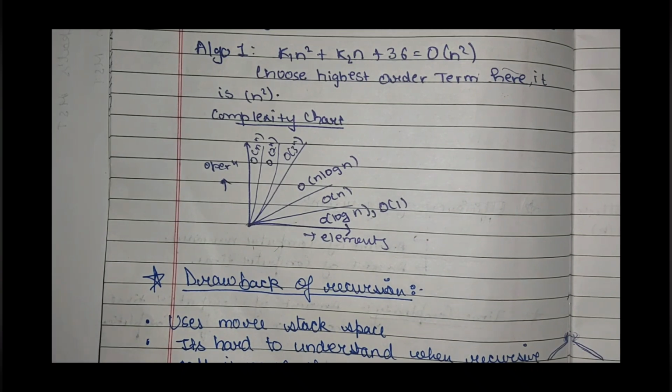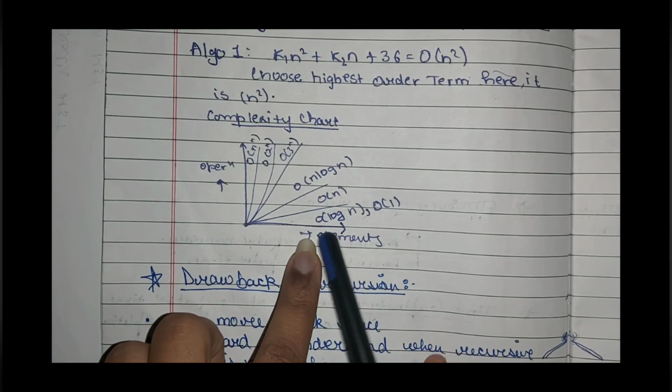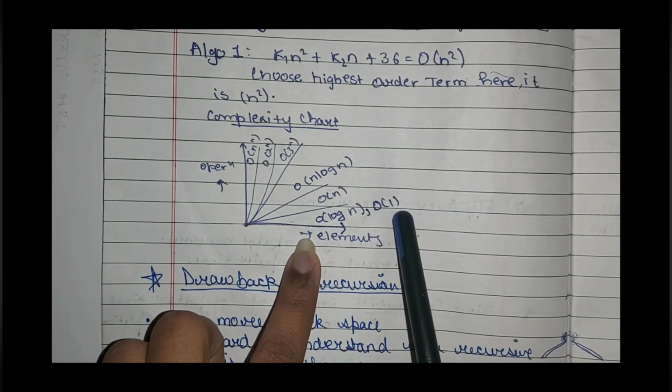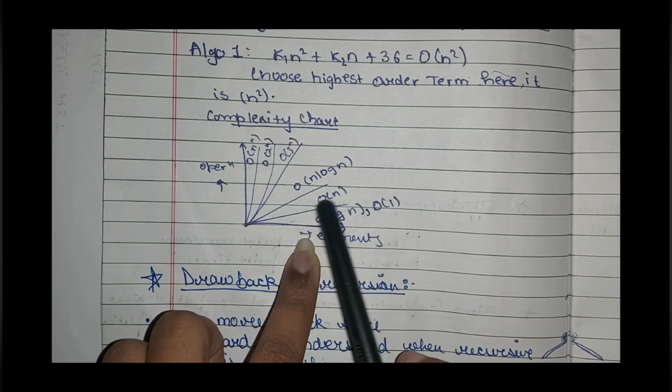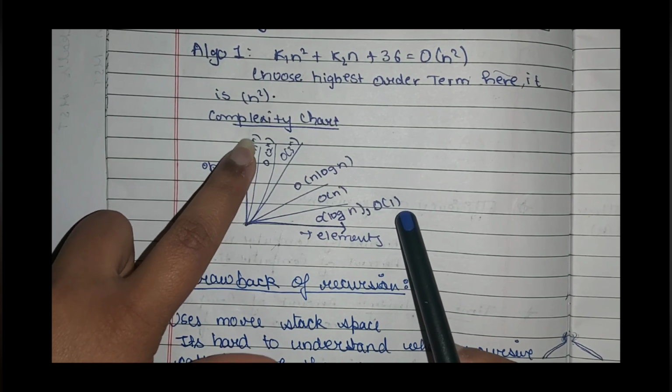If we have different time complexities, like order of n square, order of n log n, we have to choose the one with the greatest value as per the growth functions. Here are the elements and the operations. There is order of log n and order of 1, which is constant. Then order of n. In the topmost part we have order of n log n.